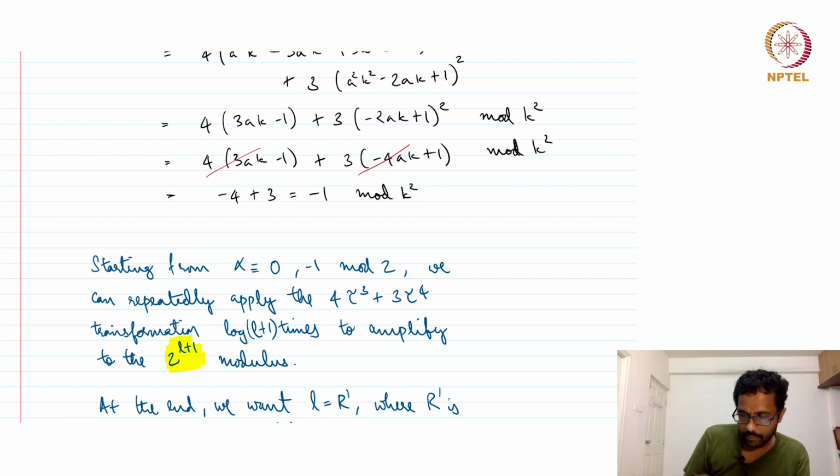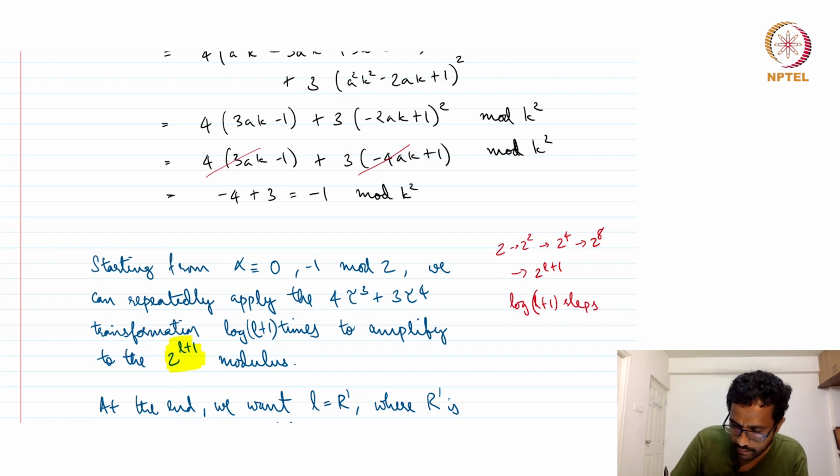But since we are repeatedly squaring, going 2 power 2, 2 power 4, 2 power 8 and so on, we need to do log L plus 1 many steps.